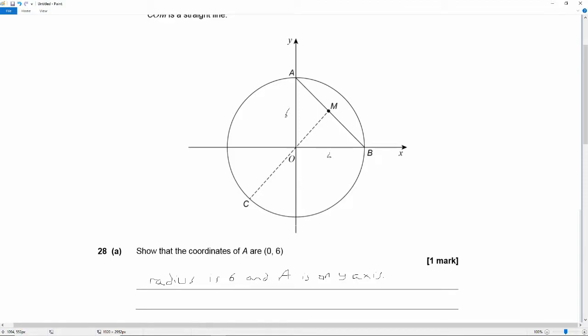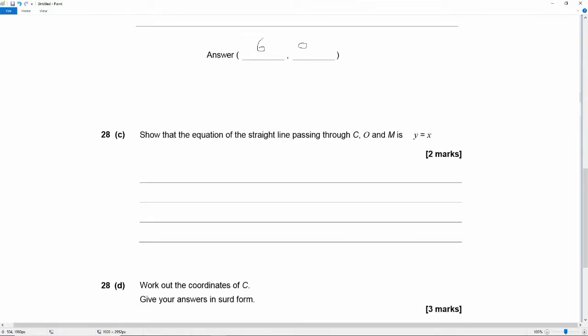We don't have the coordinates of M or C. But we do have the coordinates of A and B, and M is the midpoint of AB.